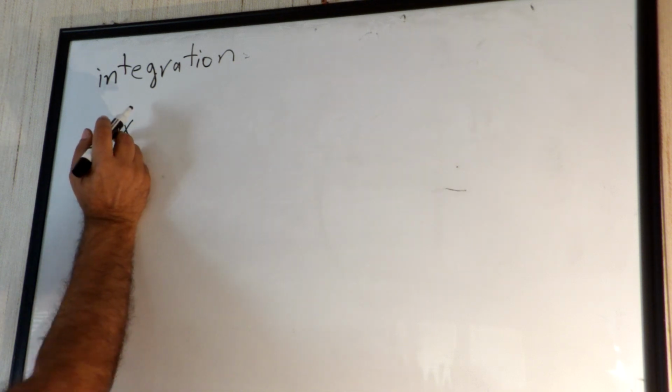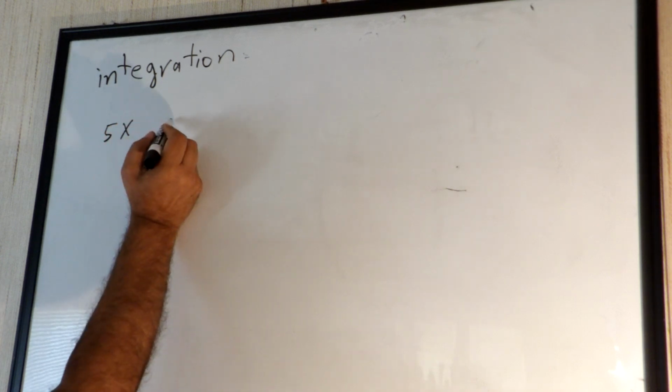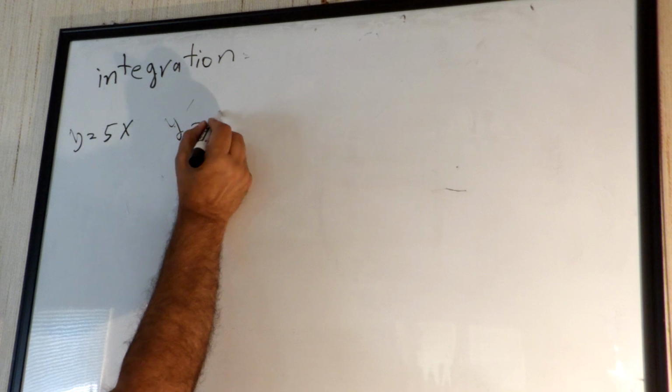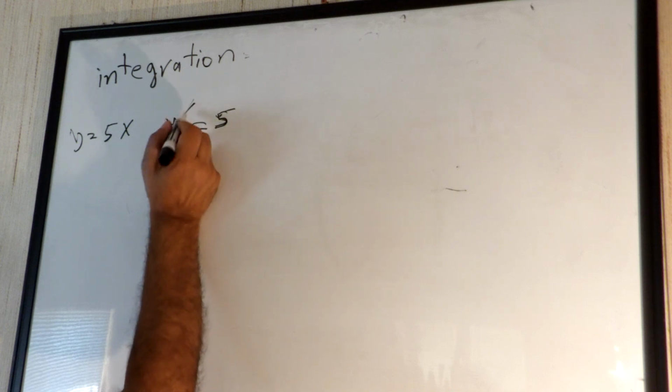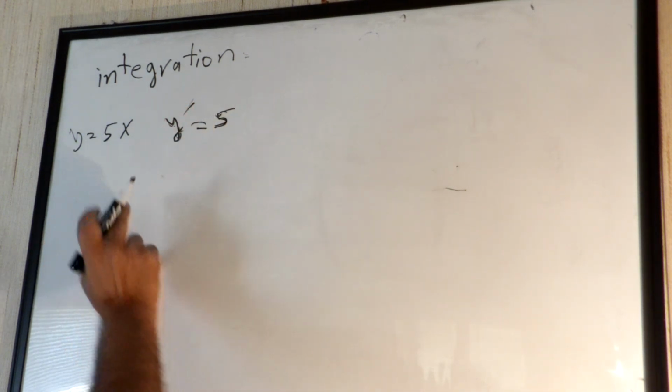If you have 5x and you want to get the derivative of this, it's going to be 5. So integration is the anti-derivative.